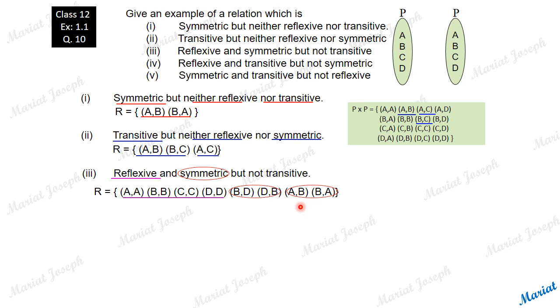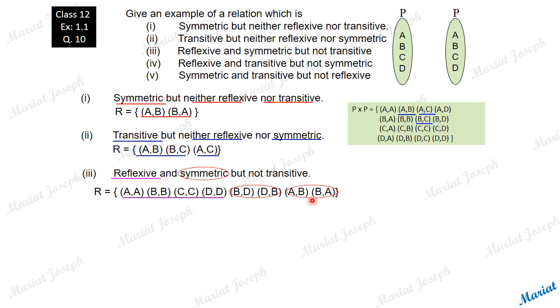But be cautious. At present, is it transitive also? Let's check. Here, BD and DB are there. To call it transitive, BB should be there. It's there. It looks like transitivity is going okay. Let's go to this pair, AB and BA.